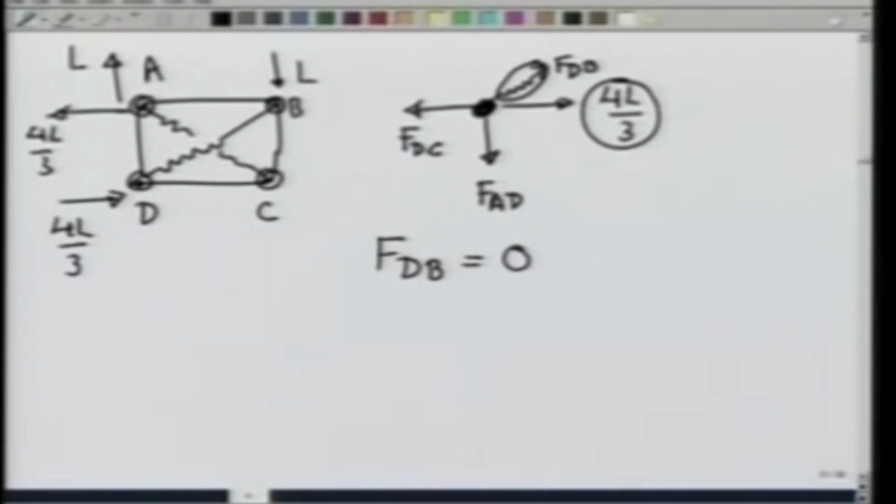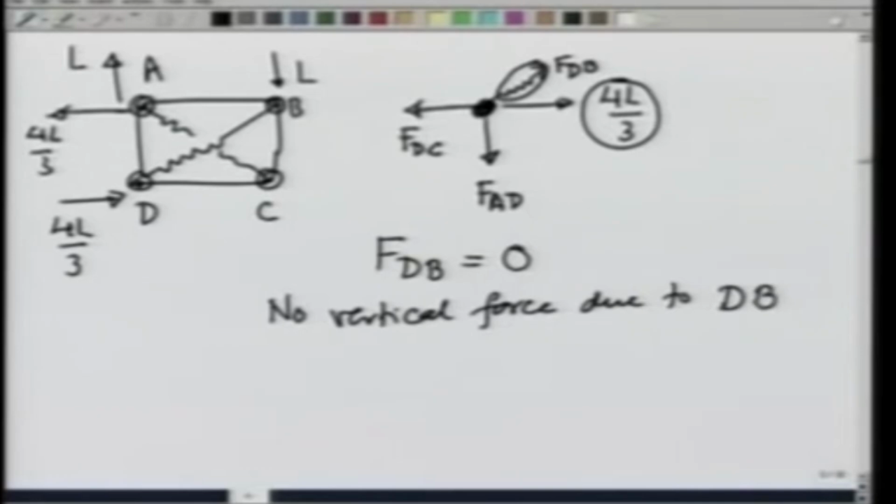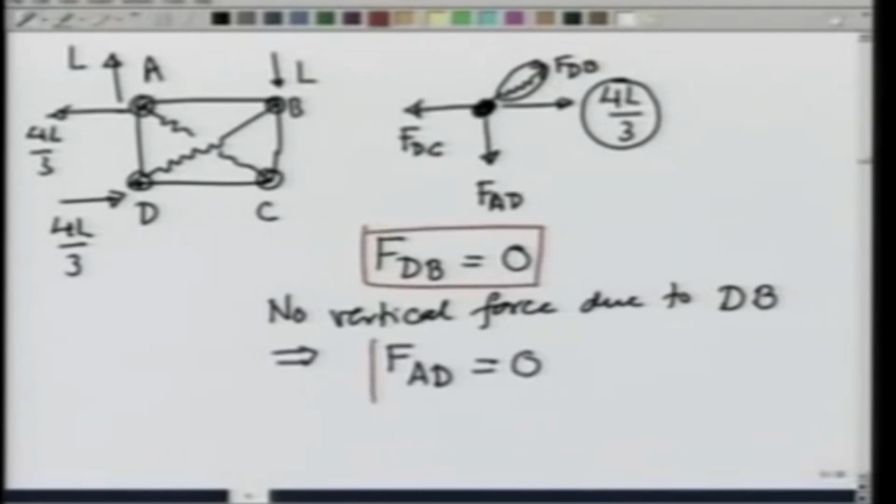If F_DB is 0, that means there is going to be no vertical component of force due to element DB. This also implies that F_AD is equal to 0. So, we have found two forces, F_DB, which is 0, and F_AD, which is 0.